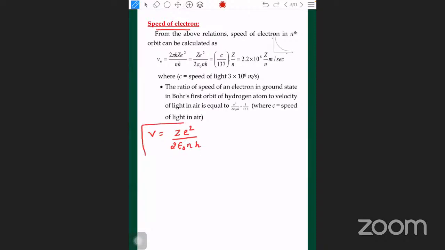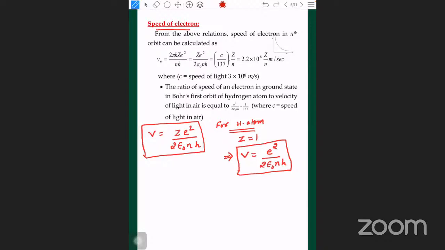This is the velocity of the electron in the nth orbit of the atom. For the hydrogen atom, the value of z is equal to 1, so velocity is equal to e squared divided by 2 epsilon naught nh.